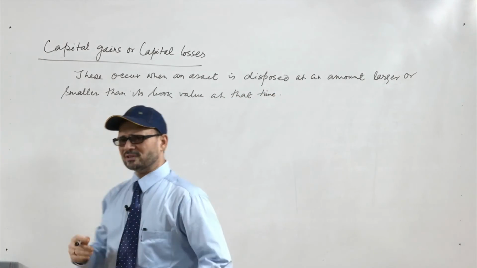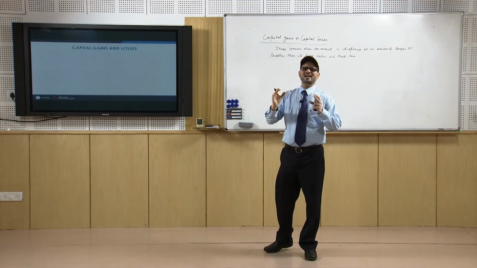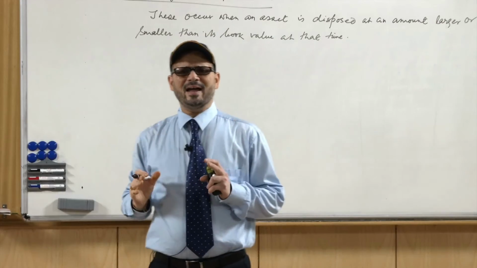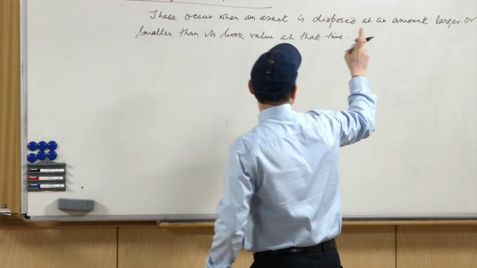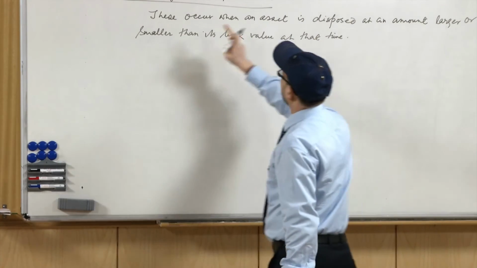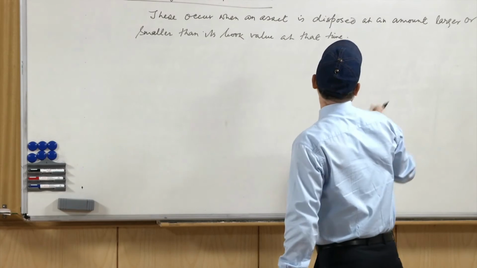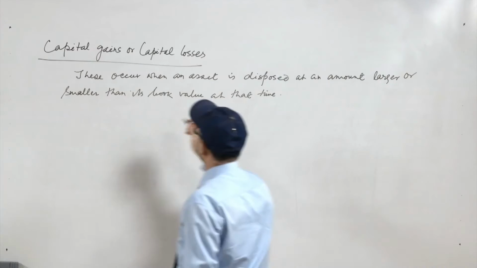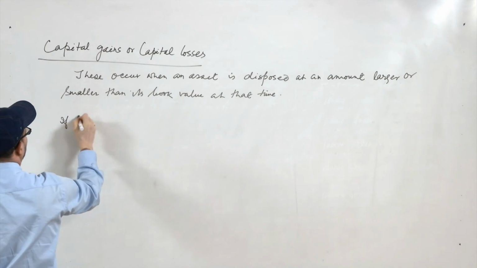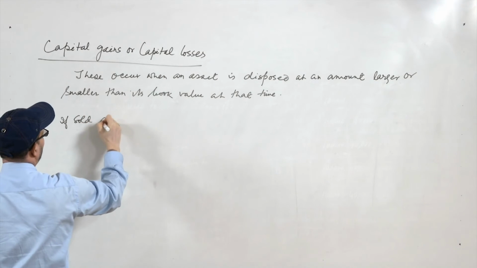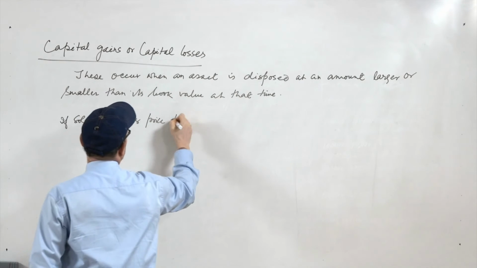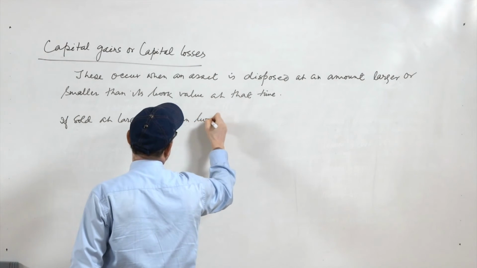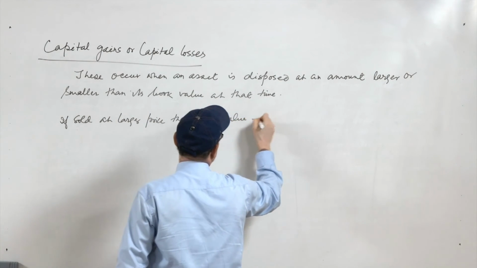Suppose an asset which had a certain life, at any point of time, is disposed of at an amount larger than its book value. If sold at a larger price than book value, it is a capital gain.